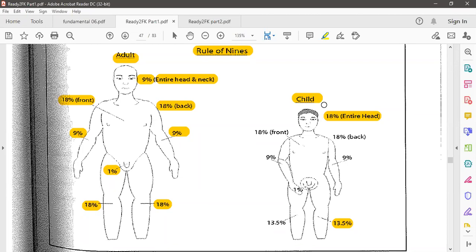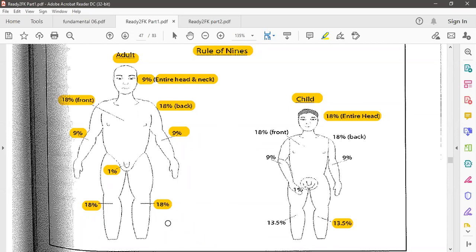What about the difference? Compare and contrast the children. The children have maximum body surface area in their head and neck areas. Whereas in the adult it is 9%, in children, entire head and neck, anterior and posterior, is 18%. The rest is the same except the lower extremities.